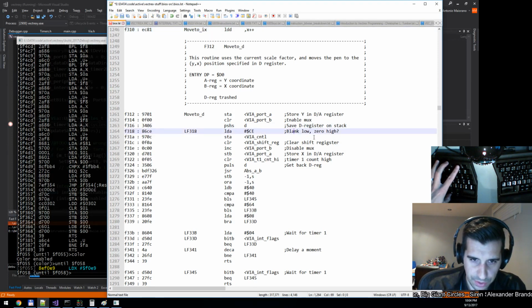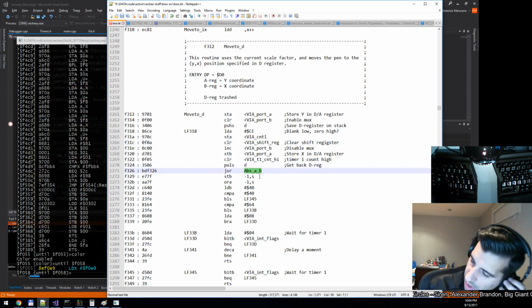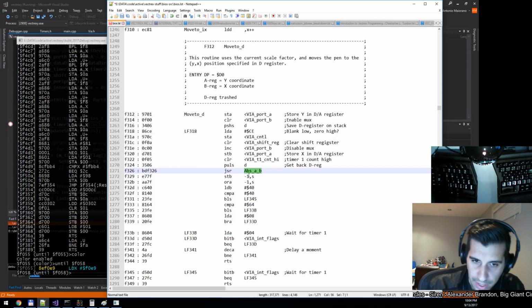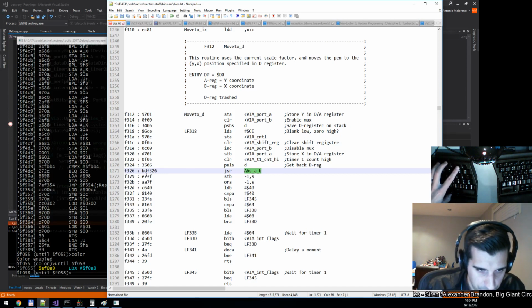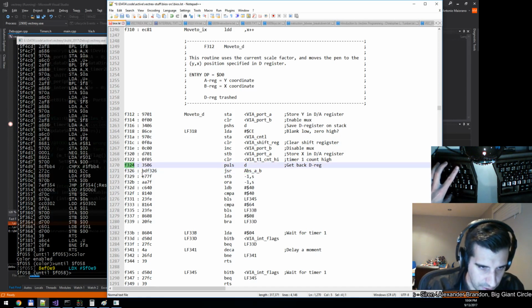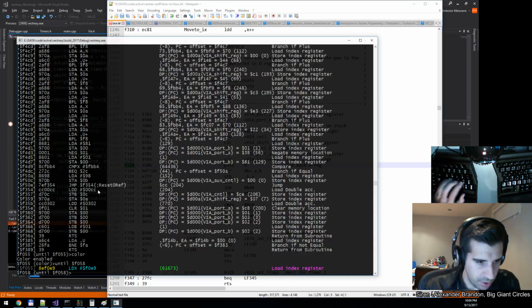Blank low, 0 high. Then shift, clear the shift register so we don't actually draw. Disable the mux, store X, store 1, get back the D register. Okay, so let's stop right here, F3 to 4.